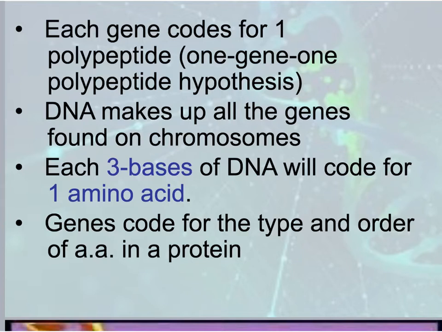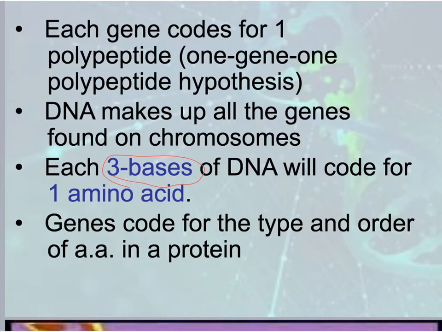Now, since there is only one difference in each nucleotide, I can say either each 3 bases of DNA will code for one amino acid, or I can say a sequence of 3 nucleotides of DNA will code for one amino acid. Keeping in mind the only difference in one nucleotide compared to the next is the base is different. It's either an A, a T, a C, or a G.